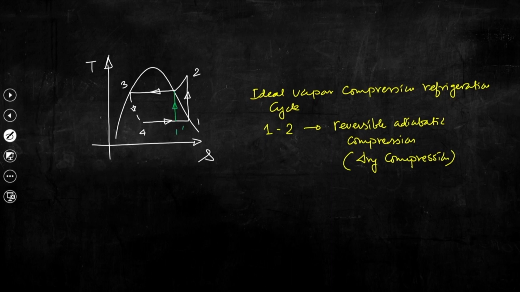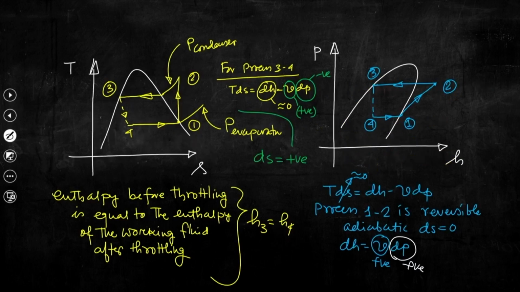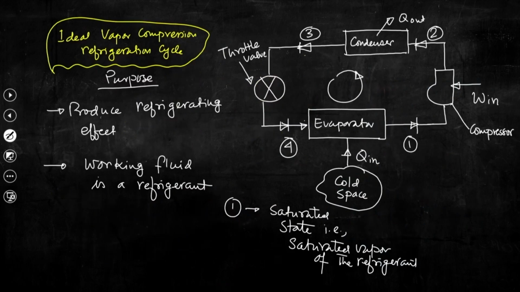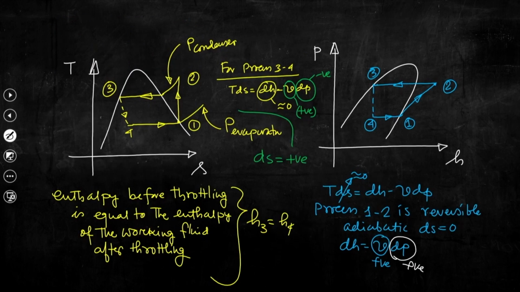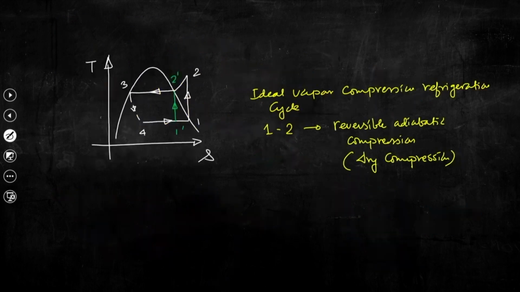So, this is 1 prime, say this is 2 prime. Similarly, instead of a throttle valve, we need to use a reversible adiabatic expander to have this reduction in pressure from condenser pressure to this evaporator pressure. So, that means this process 3 to 4 will be again this.